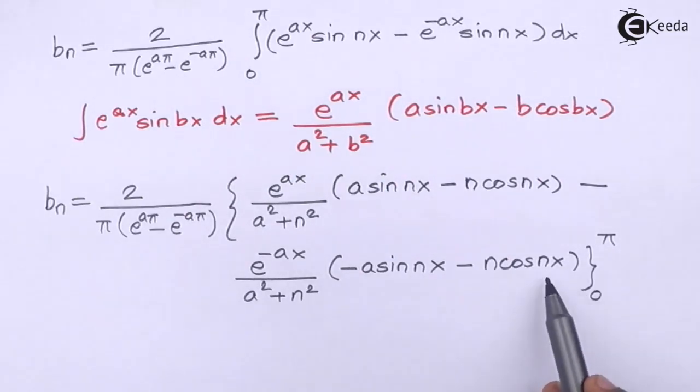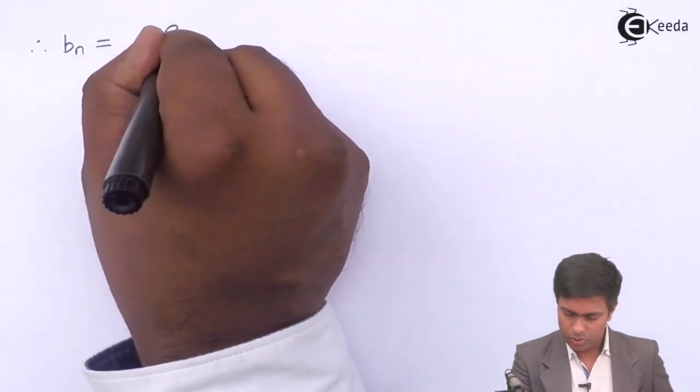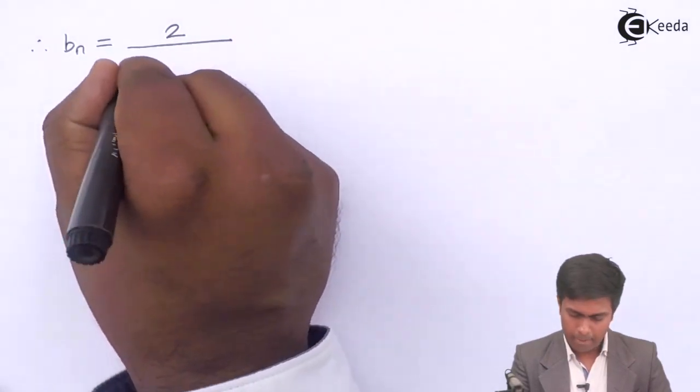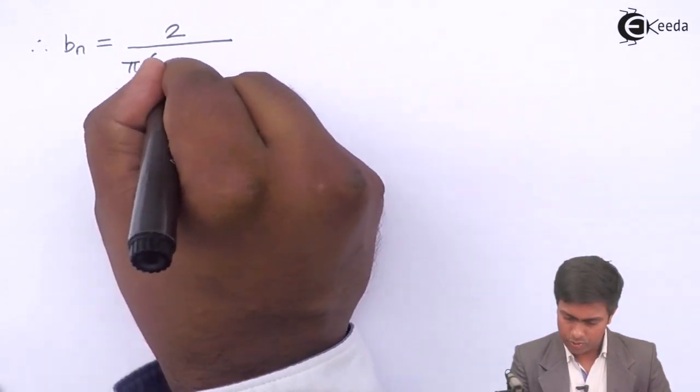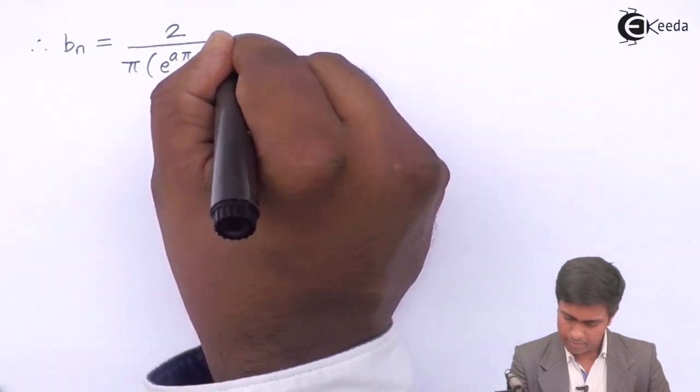Now let's put in the upper and lower limits. The upper limit is pi. I'll put that upper limit over here and then the lower limit. Therefore bn is equal to 2 upon pi into (e raised to a pi minus e raised to minus a pi).